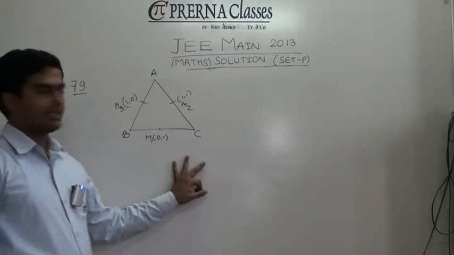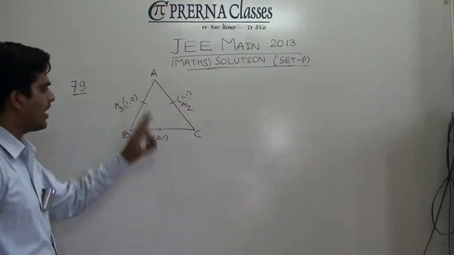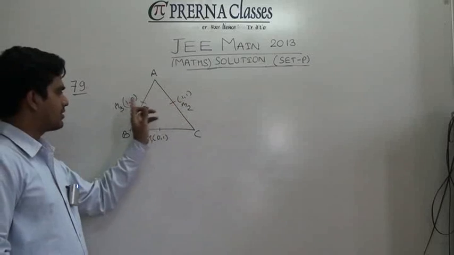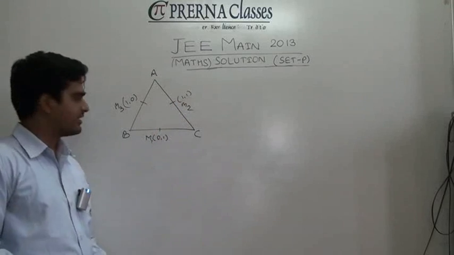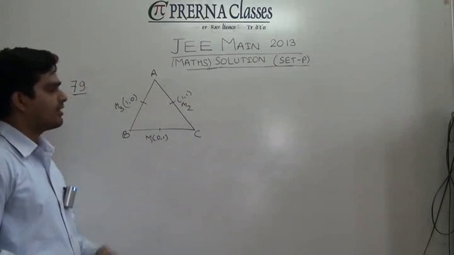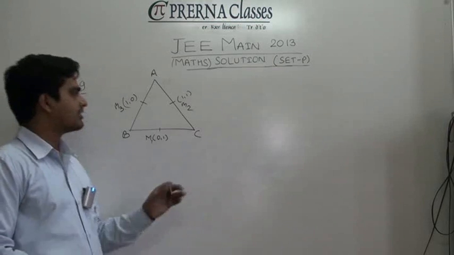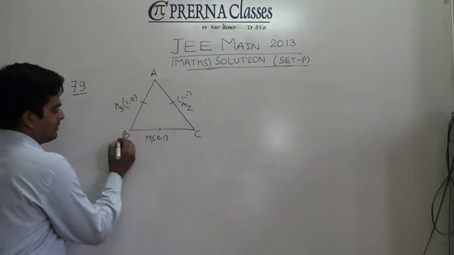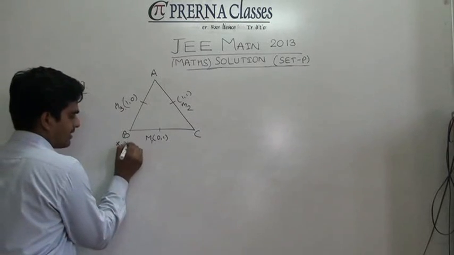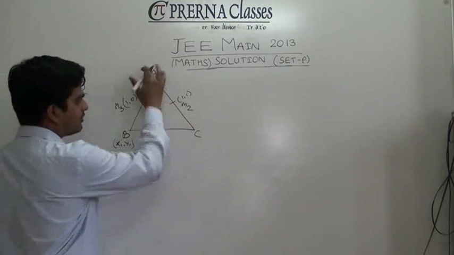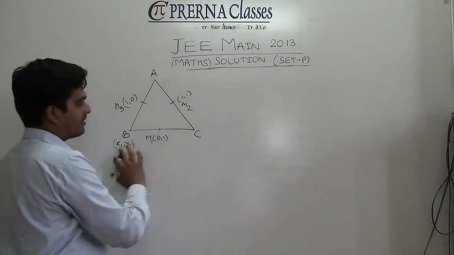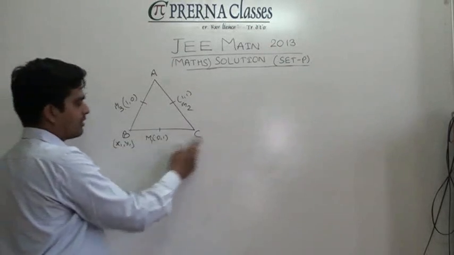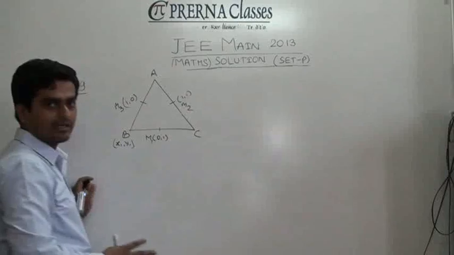In the 79th one, the information given to you is that for a triangle, the midpoints of the 3 sides are given, and on that basis you have to find the abscissa of its incenter. For that case, what we need to do is, if I consider the coordinates of this point as x1, y1, this one as x2, y2, x3, y3, we can clearly have a connection between x1, y1, x2, y2, x3, y3.